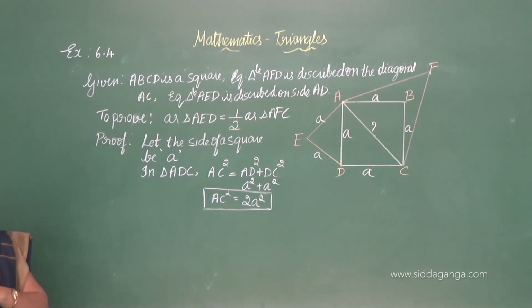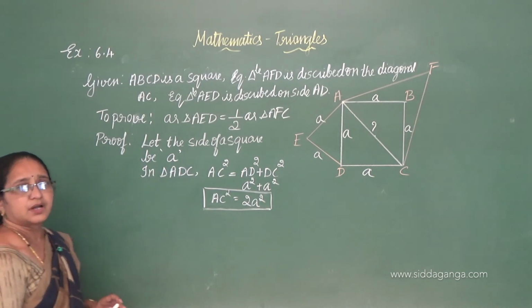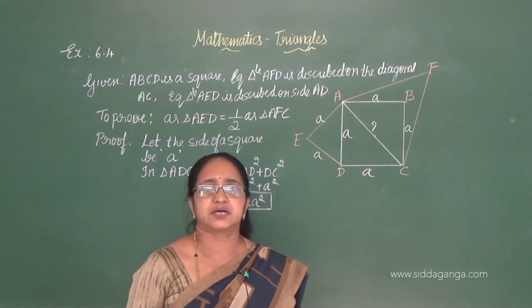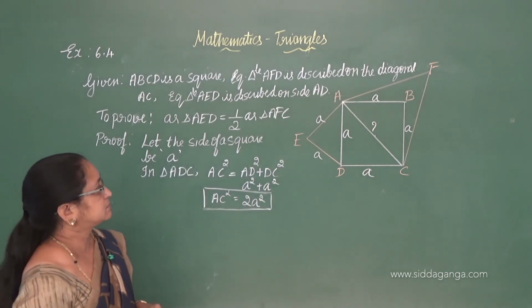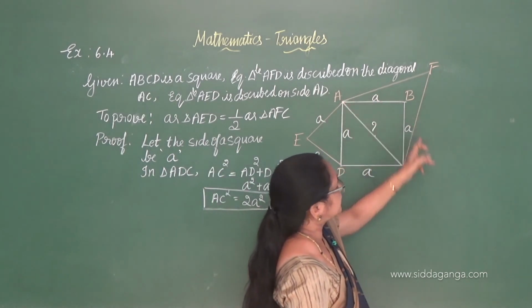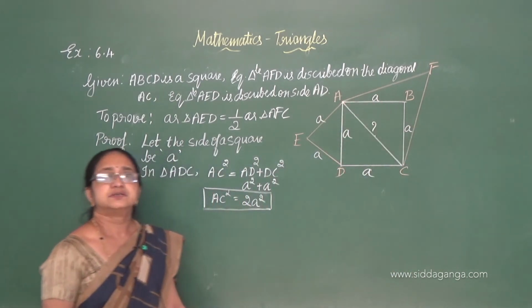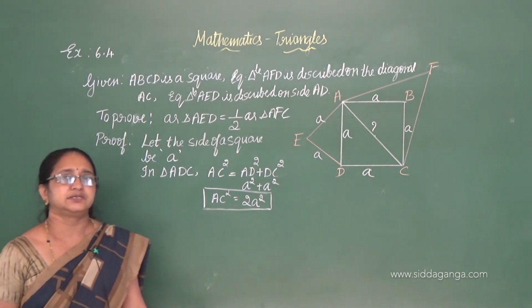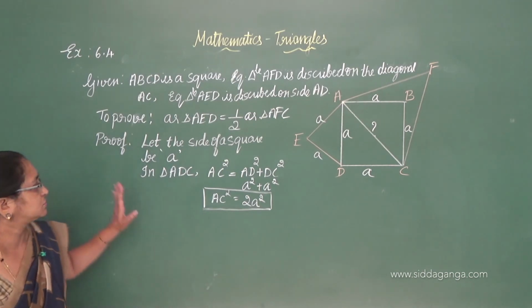Now, I told you two triangles are similar, these two, that is triangle AED and triangle AFC. Those two triangles are similar, you all know, because they are equilateral triangles. So let me write that now.